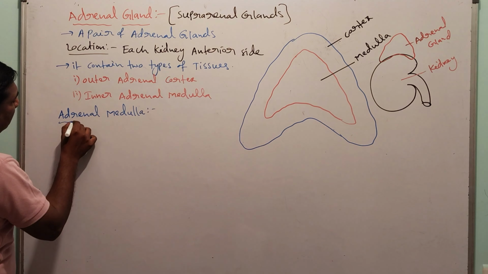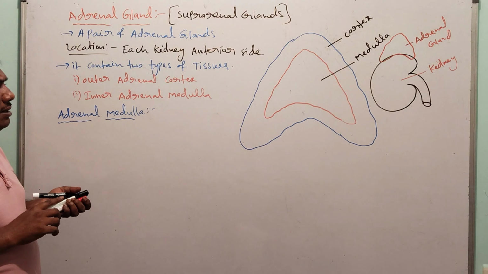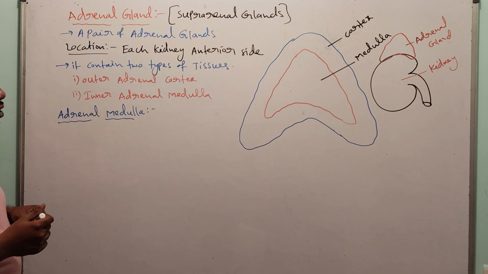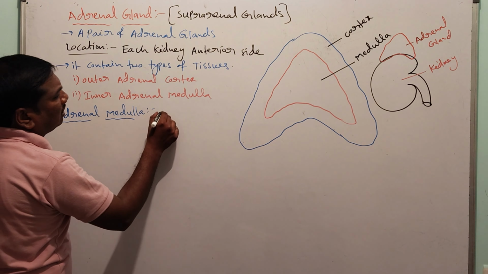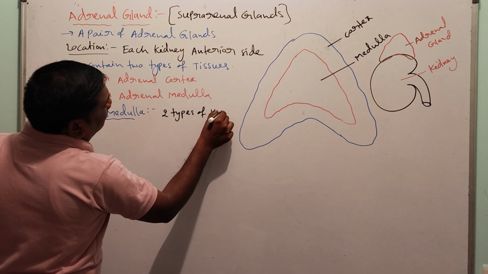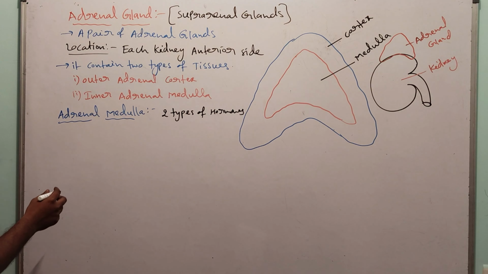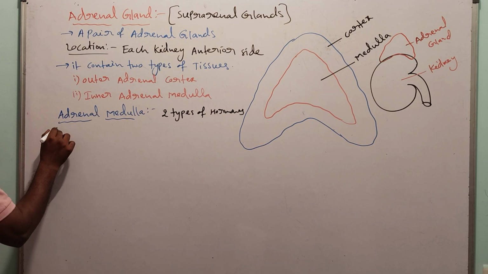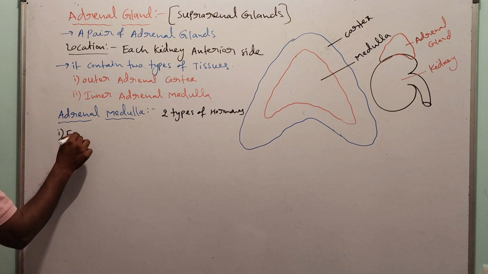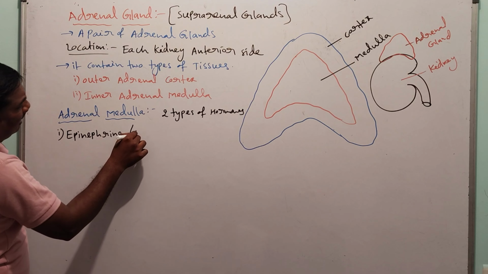The adrenal medulla secretes two types of hormones. One is epinephrine or adrenaline.